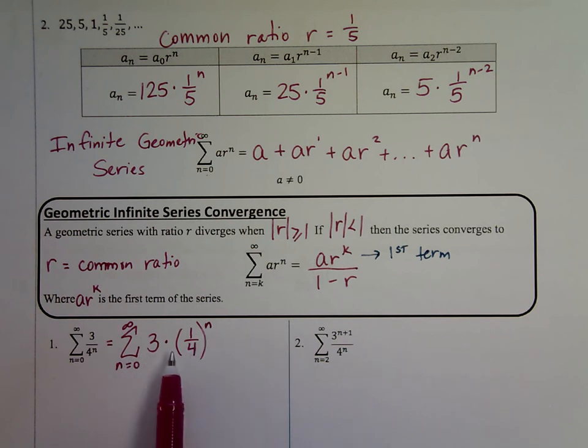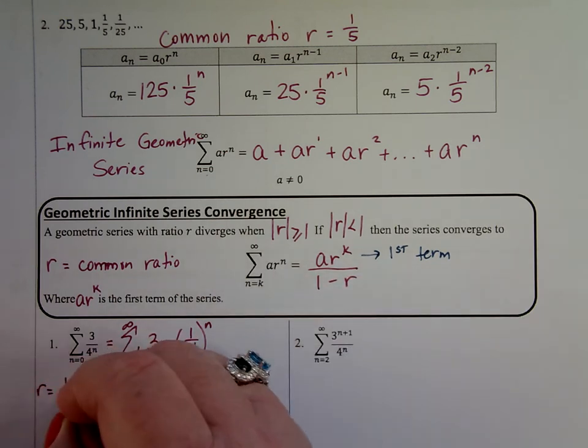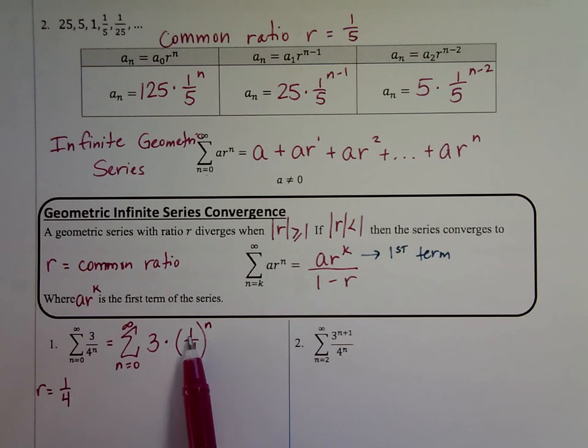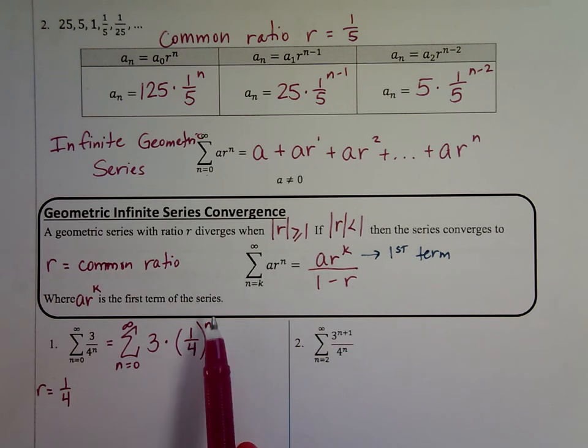That means that my r is 1/4. I'll come over here. r is 1/4. And this works because 1 to any power is still 1. So that's why I can break it apart and not just put the 4 to the nth power here. I can make it 1/4 because 1 to any power is 1. And the 4 would still be changing as it should. So my r equals 1/4.